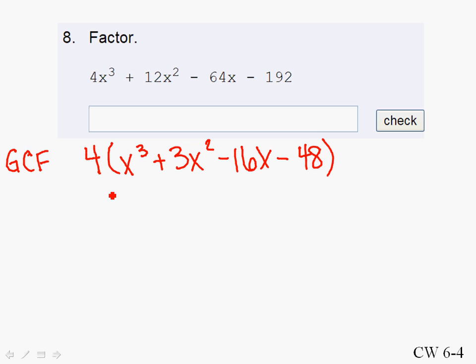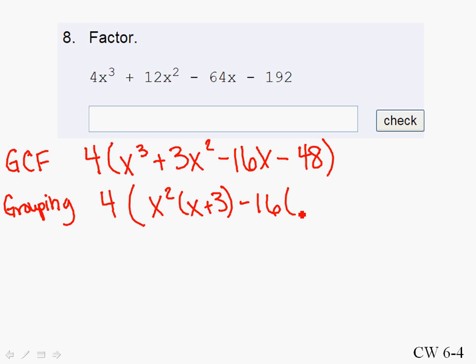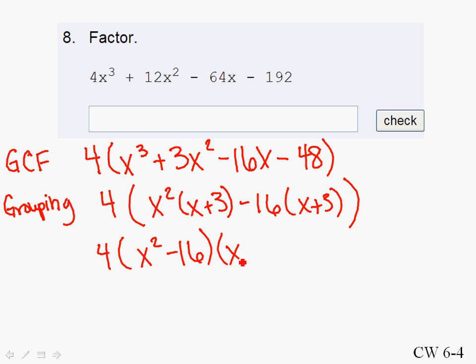Next, we're going to factor by grouping, which gives us 4. Then we have x squared times x plus 3 minus 16 times x plus 3. Then we are going to put our new factor, so x squared minus 16 and x plus 3.